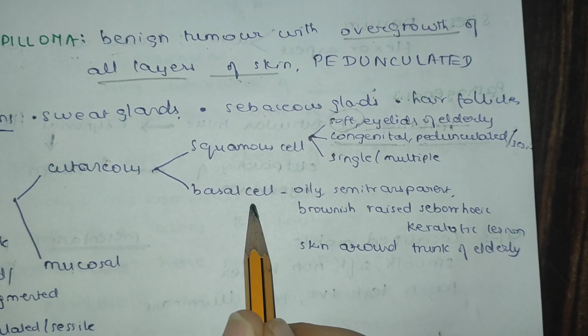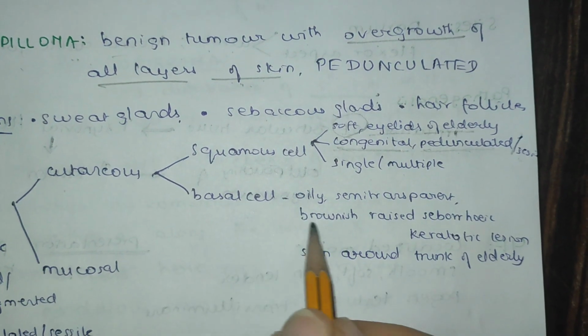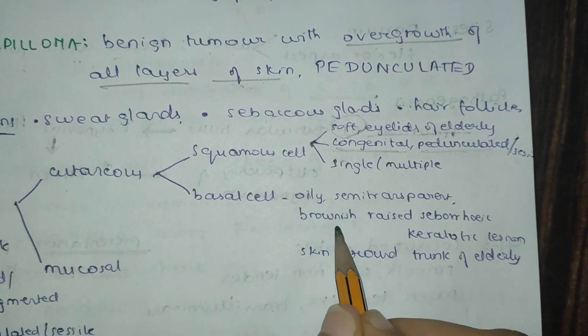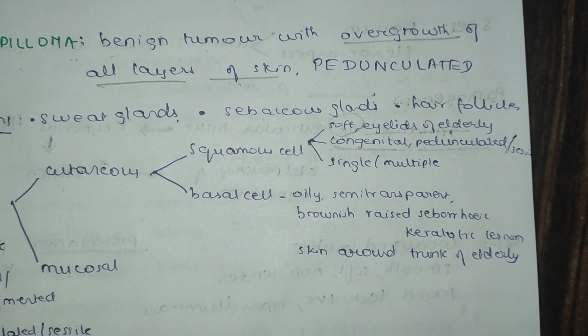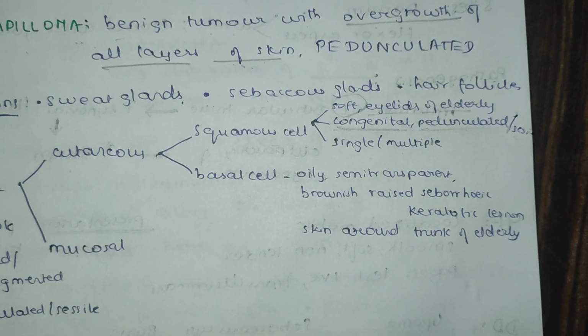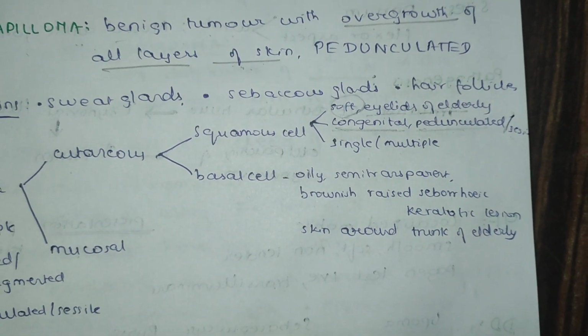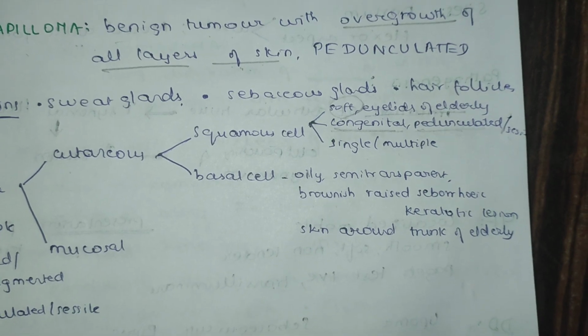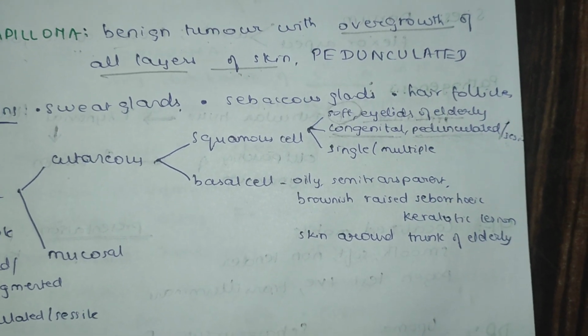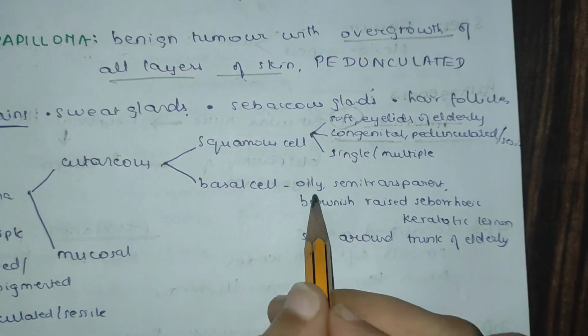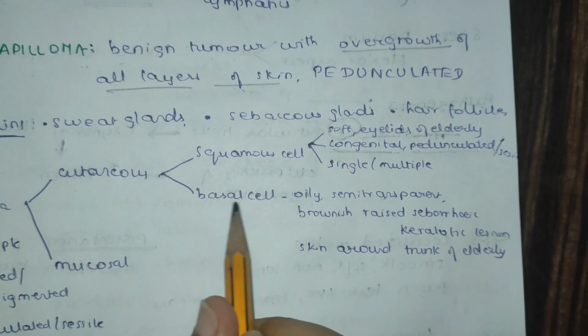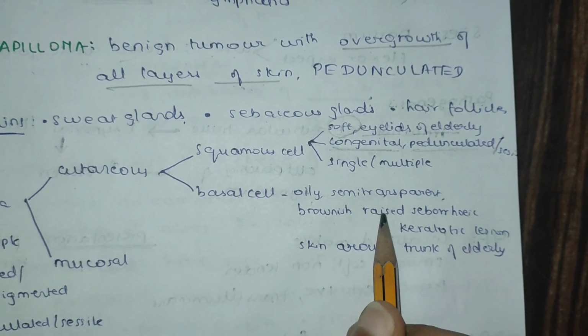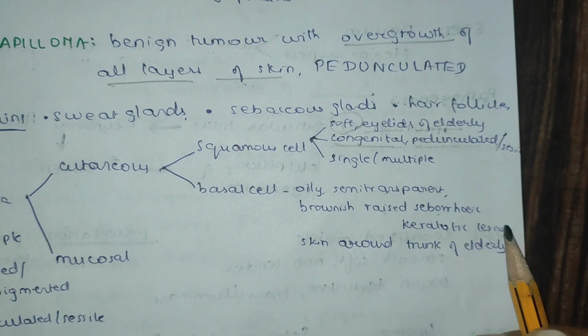Next is the basal cell papilloma. It is a brownish raised seborrheic keratotic lesion.